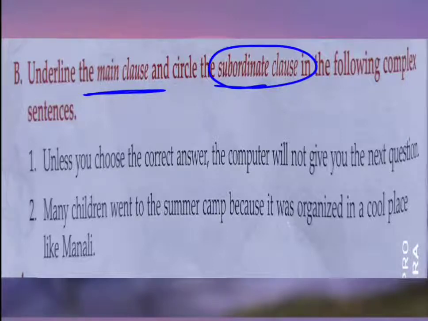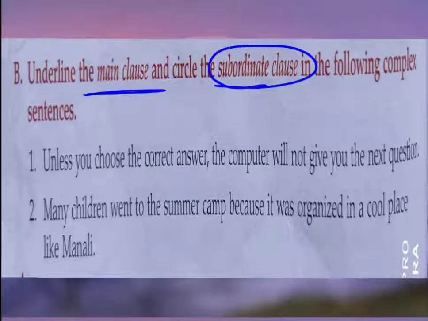Unless you choose the correct answer, the computer will not give you the next question. What you have to do is circle this subordinate clause. Now, as we know, a subordinate clause is a dependent clause. It depends on the main clause.